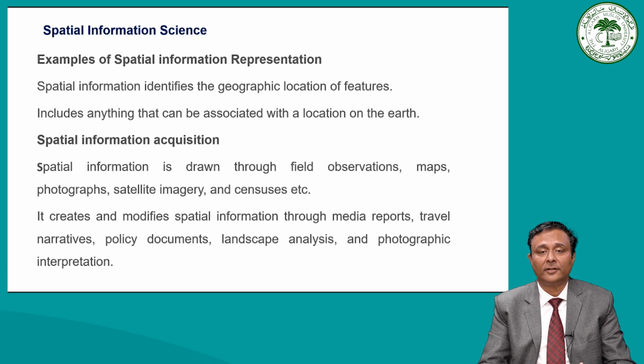We may also rely on conducting research via surveys, interviews, and even focus groups, etc. We can create and modify spatial information or even other visual representations of geographic location through media reports, travel narratives, policy documents, landscape analysis, and photographic interpretation, etc. So all these can be the source of spatial information.